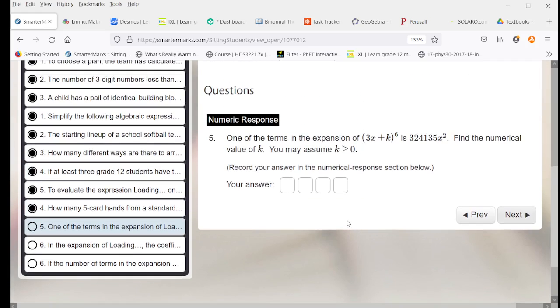Continuing on to the last 3. One of the terms in this expansion is 324,135x squared. We have to find the numerical value of k. So if we have x squared, that tells us which term we are looking for.